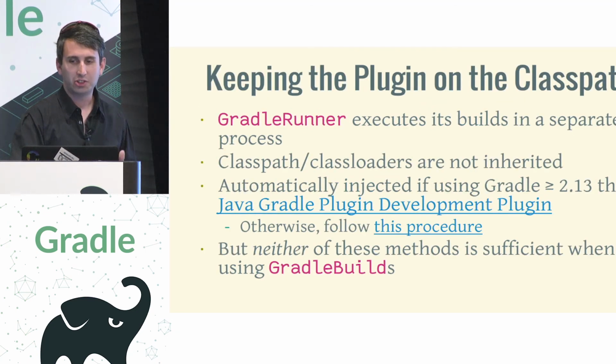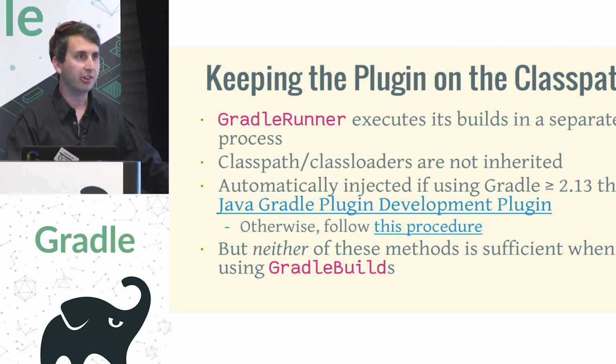Okay, the biggest challenge for testing that I ran into was trying to keep the plugin, the thing I'm trying to test, on the class path. So particularly with the Gradle runner, it runs in its own process, so it doesn't inherit the class path or the class loader. And there's some workarounds in the Gradle documentation for how to deal with this.